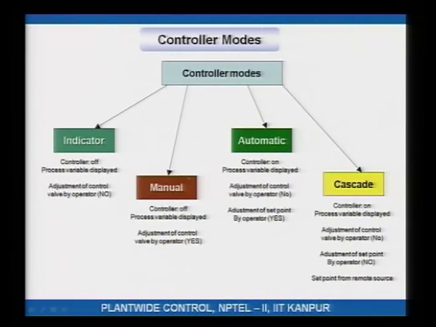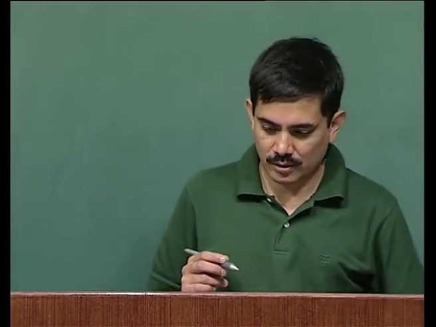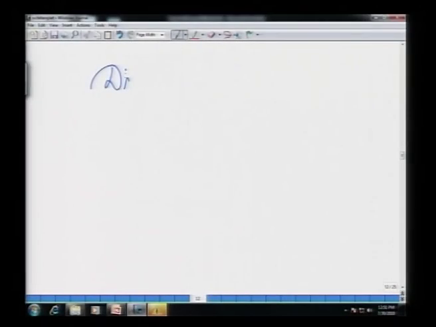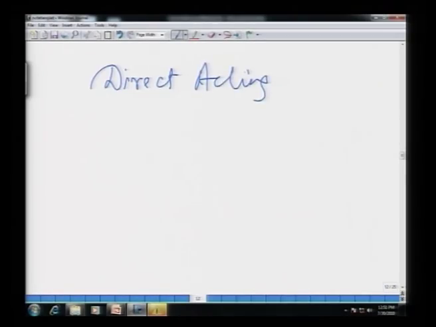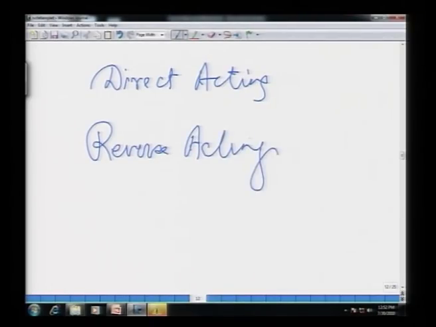Controllers can also be reverse acting or direct acting, and what that means I will explain in a little bit. Reverse action and direct action, maybe that should be the last one that we do this time around. So, the controller can be direct acting or it could be reverse acting. What does it mean? Let me explain it in plain English.